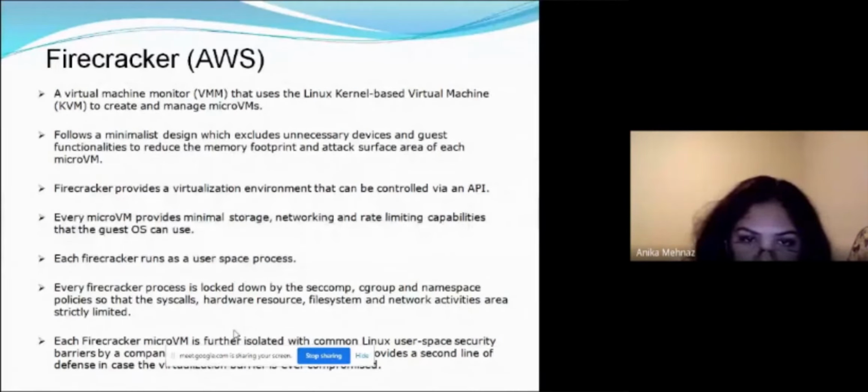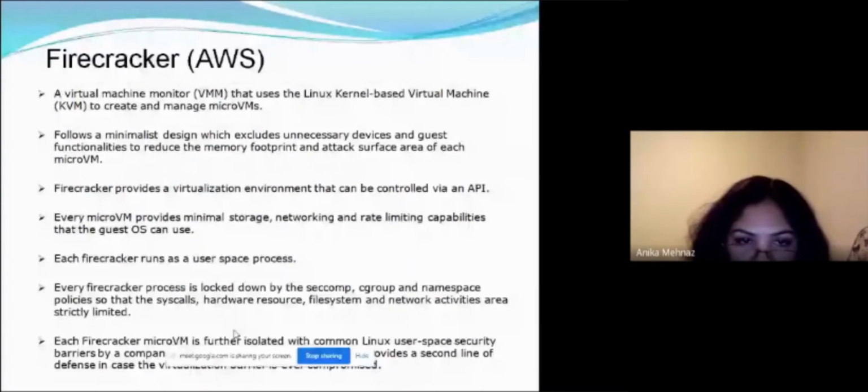Firecracker provides a virtualization environment that can be controlled via an API. Every microVM provides minimal storage, networking, and rate limiting capabilities that the guest operating system can use. And each Firecracker runs as a user space process.